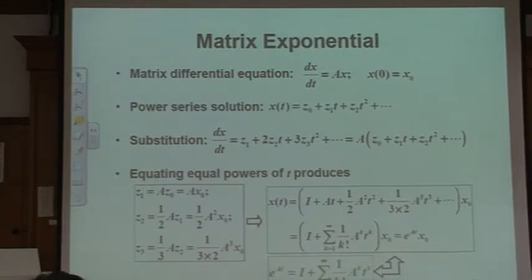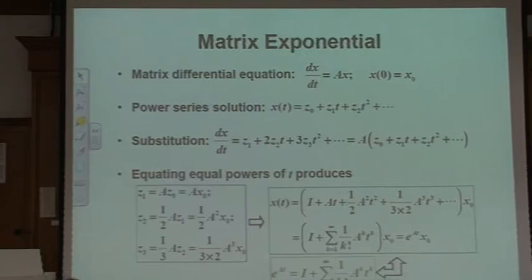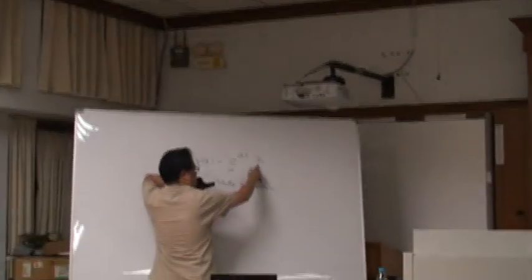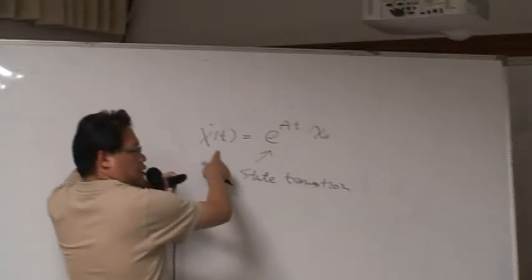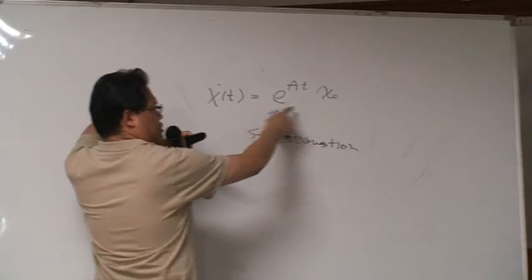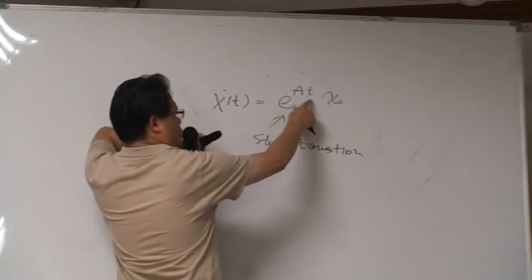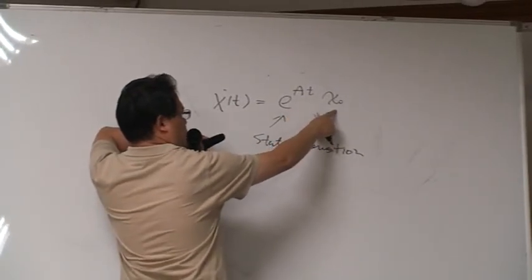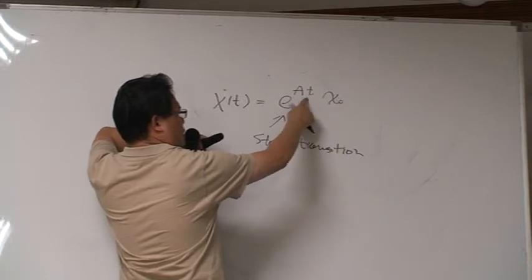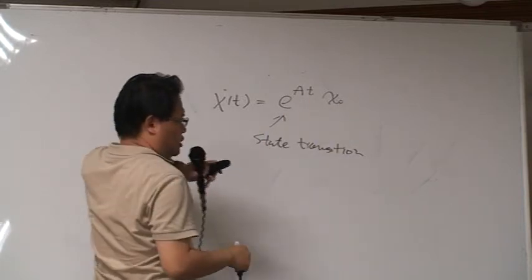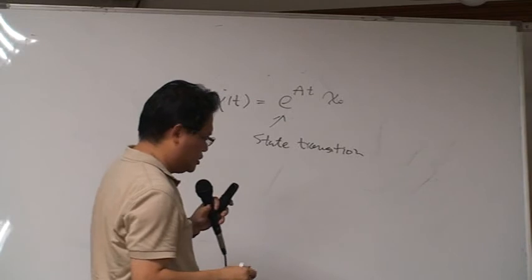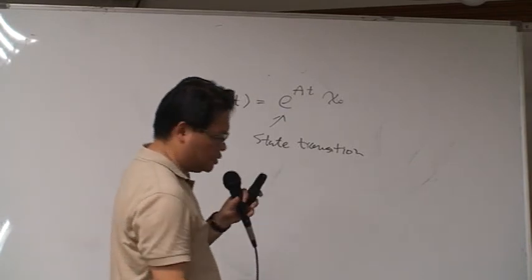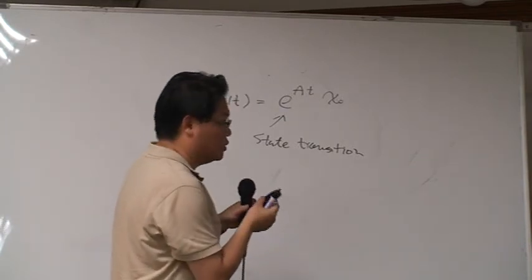Then we call it the state transition matrix, because it transmits the original state at time 0 to another state at time t. And it has several interesting properties. We'll show them on the next slide.